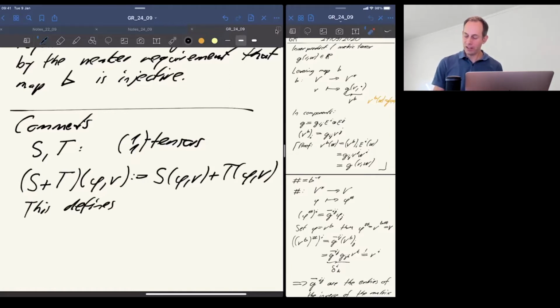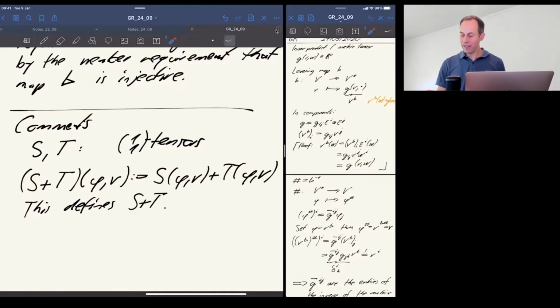It's a coordinate independent definition, incidentally, so I didn't use any basis to define this. Now suppose S and T were of different types, so let's suppose S is still a 1-1 tensor, but T is, for example, a 0-2 tensor.